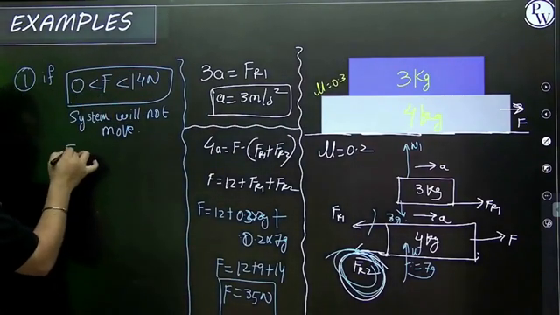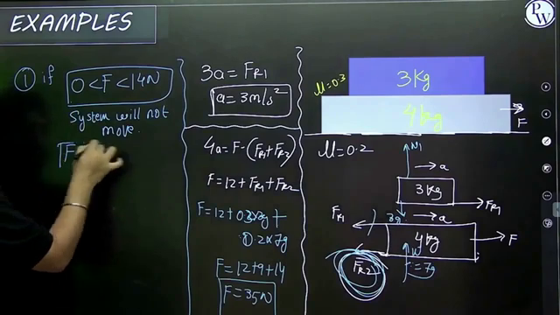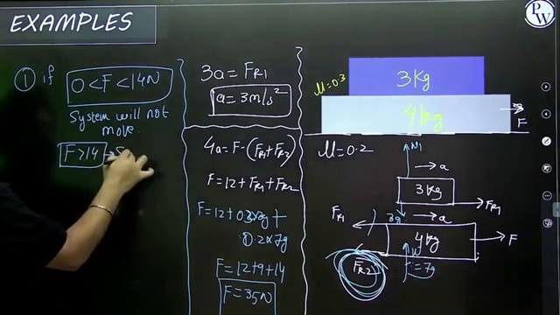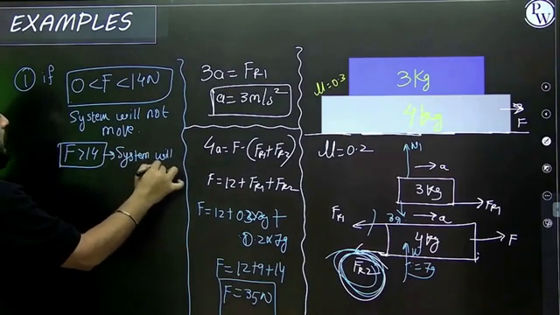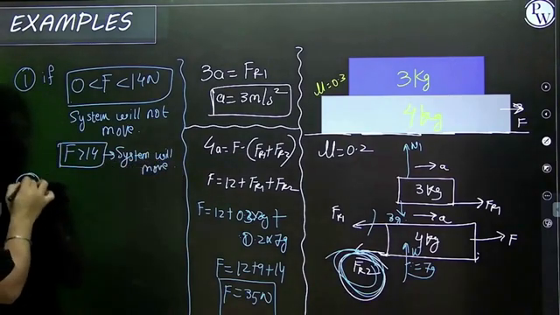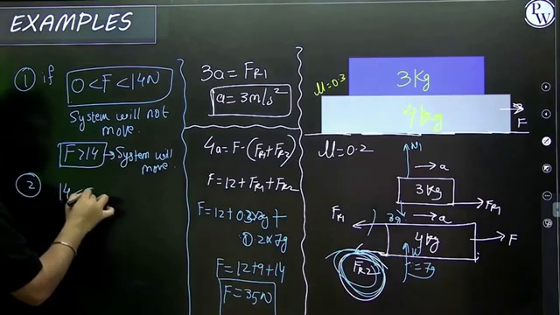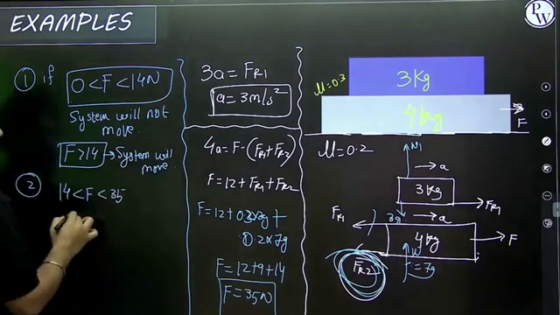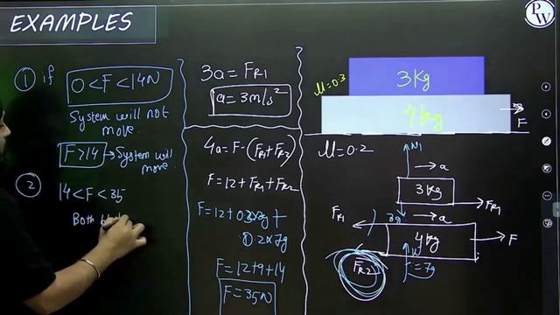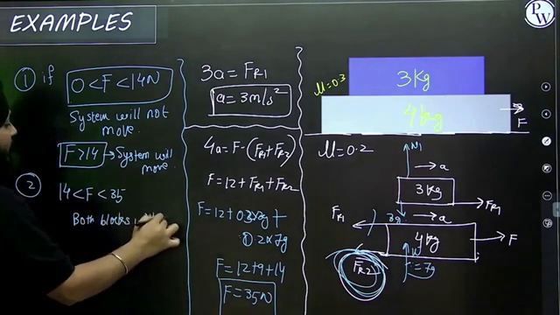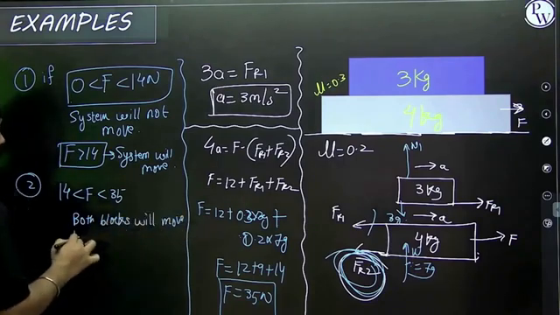If F is greater than 14, the system will move. Second, in between 14 and 35, both blocks will move together with the common acceleration.